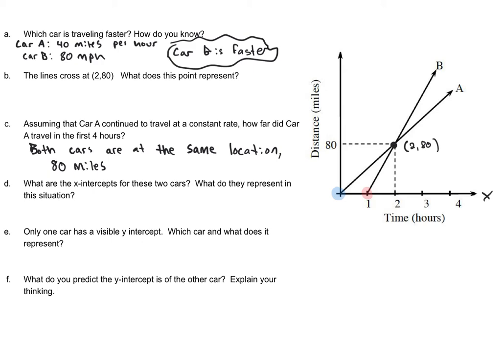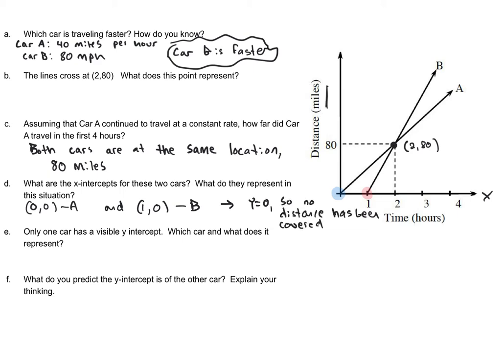So our x-intercepts would be (0, 0) for A, and (1, 0) for B. And since this is when y is 0, this means this is when no distance has been covered. And if we're going to stick with that road trip analogy, maybe this is the point when both cars got on their respective roads. So different roads, but they got on at the same time, perhaps? I don't know.